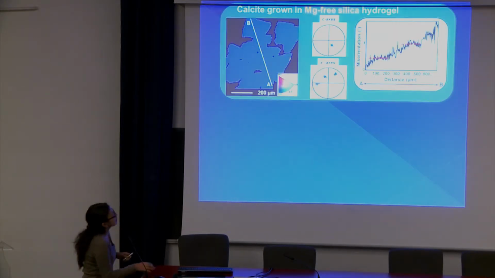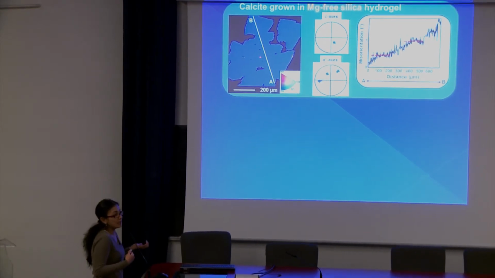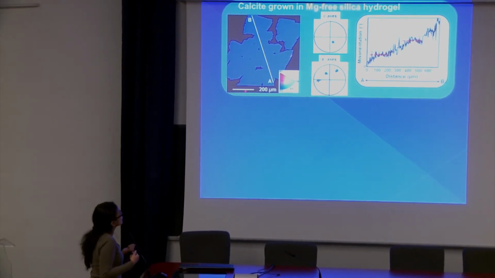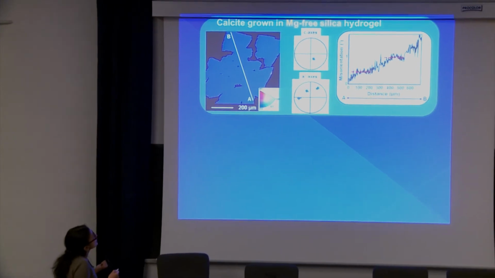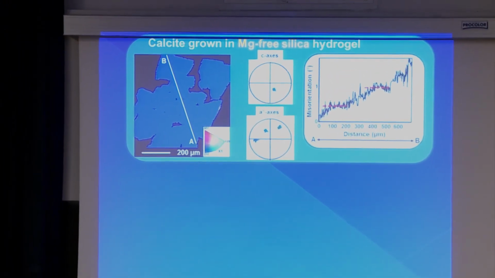So here we are. I start with this aggregate from the magnesium-free silica hydrogel. This is a bit funny because I told you that one color represents one crystallographic orientation, but here it has one color. I will not say that this is one crystallographic orientation, because if you see here, this is the stereographic projection, the pole figure.